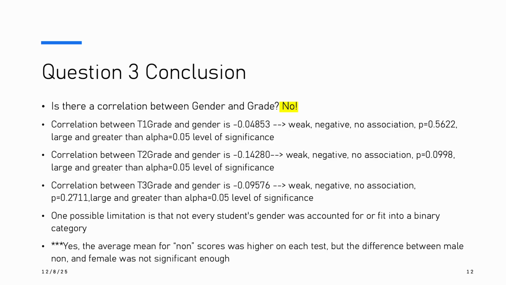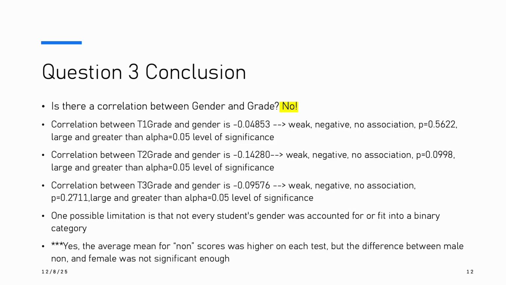The correlation between test 2 grade and gender was negative 0.14280, which is also weak, negative, and doesn't show an association. The p-value was also large and greater than alpha. Similarly, the correlation between test 3 grade and gender was also weak and negative, with no association being shown.